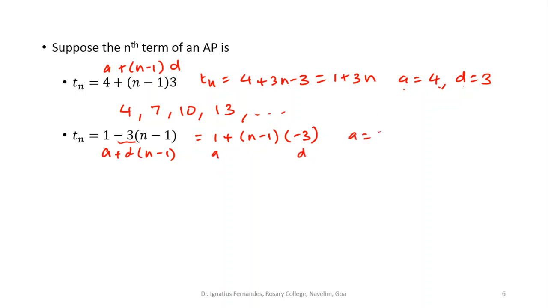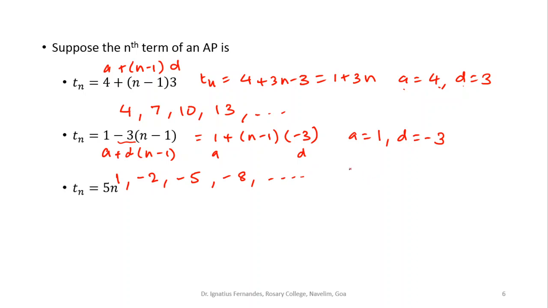So a here is 1 and d here is minus 3. So if I have to write down the arithmetic progression in explicit form, the first term is 1, the second term will be, add the common difference minus 3, 1 plus minus 3 is minus 2. Add minus 3 to this, we get minus 5, next add minus 3 to this, we get minus 8, and so on.